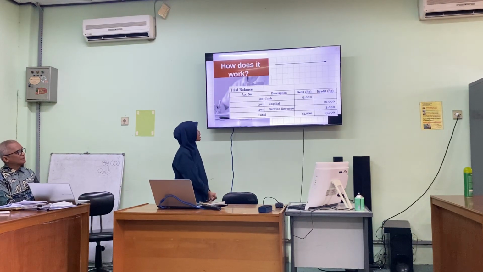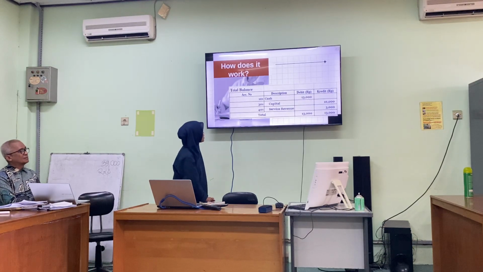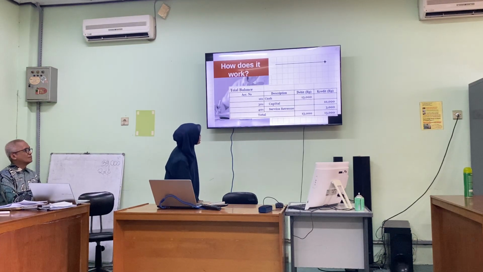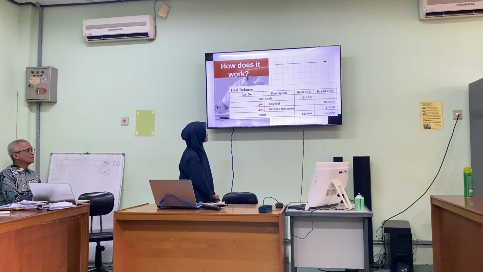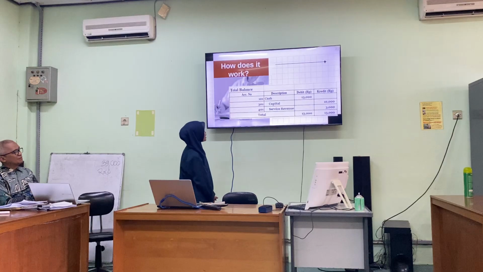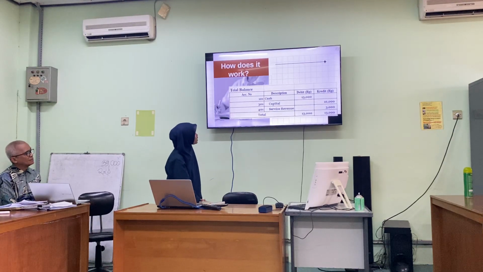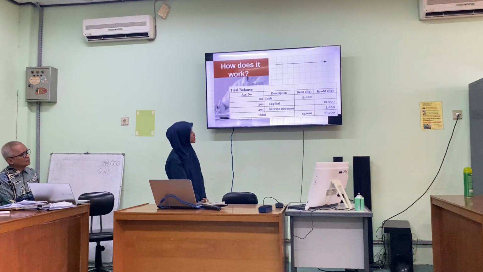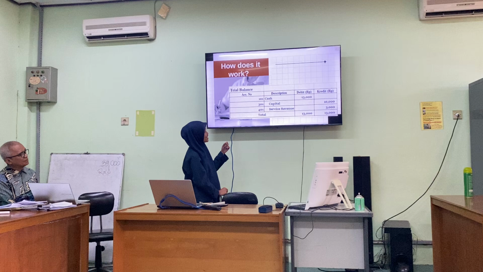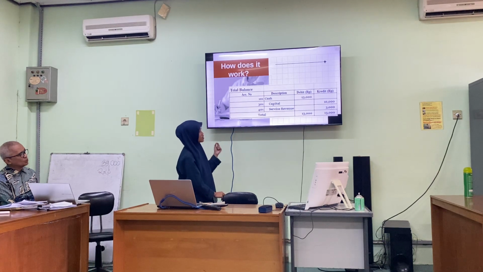Trial balance. The account number of cash is 101. The amount debit is 13,000 rupiah.